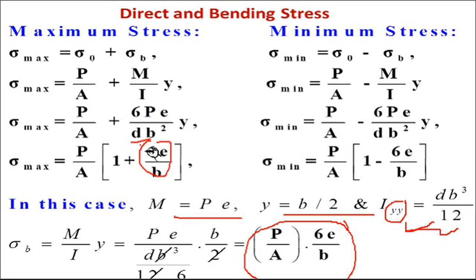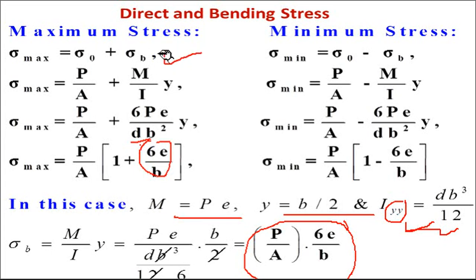Now this 6 in the denominator goes to the numerator, so it will be 6P upon DB square into y. This will be the sigma max, and by taking P by A common, this equation will be 1 plus 6e upon b.